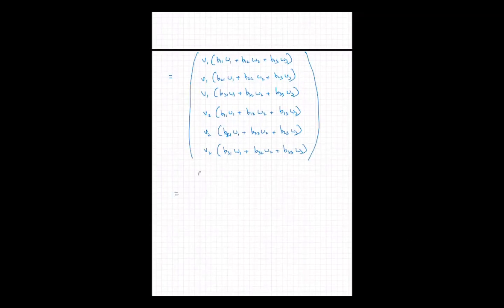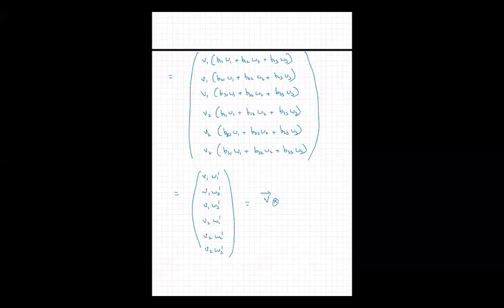This column vector is nothing but V1 W1 prime, V1 W2 prime, V1 W3 prime, V2 W1 prime, V2 W2 prime, and V2 W3 prime, which by our definition of direct product is the direct product of the two column vectors V and W prime, which is nothing but V times BW.